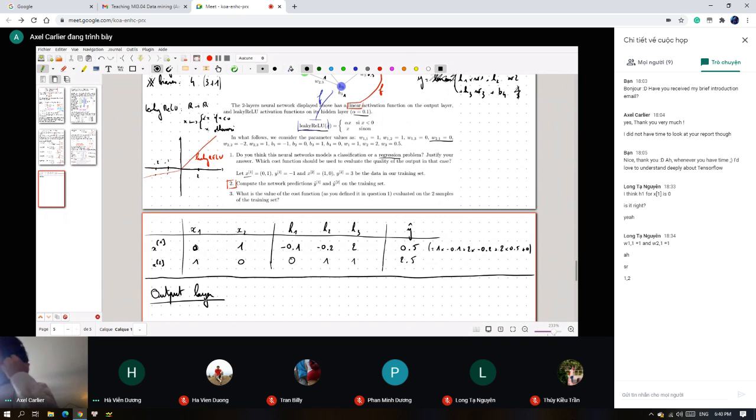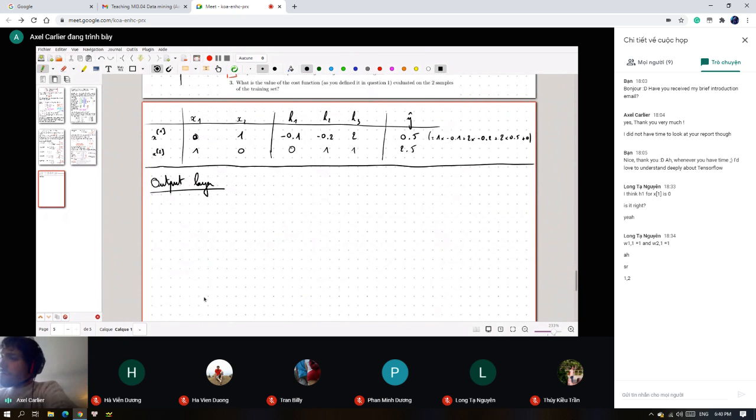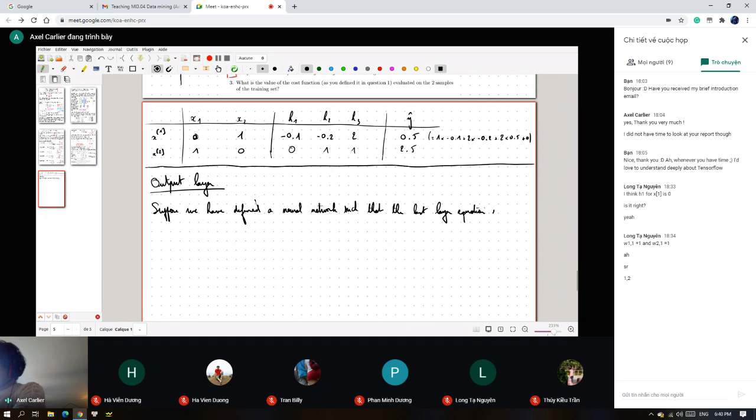So as I was saying, I now speak about the output layer, and I say suppose we have defined a neural network such that the last layer equation is y equals f of h.